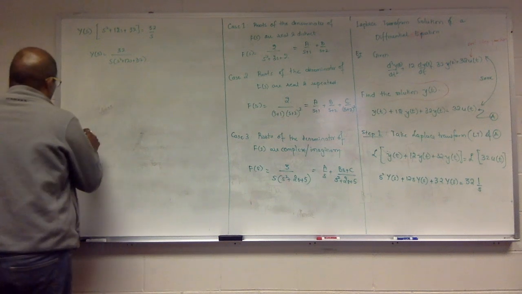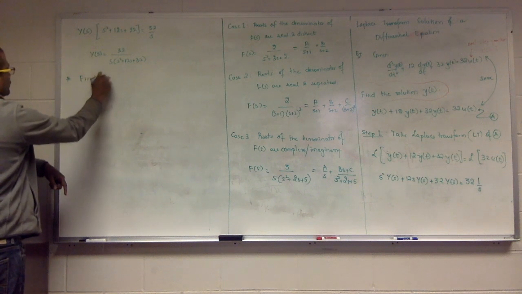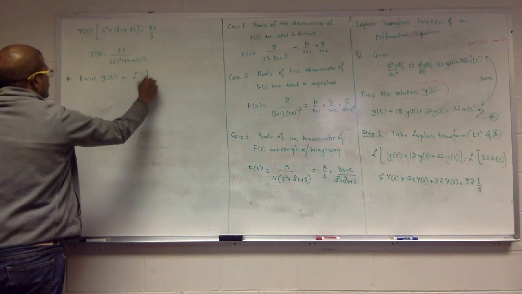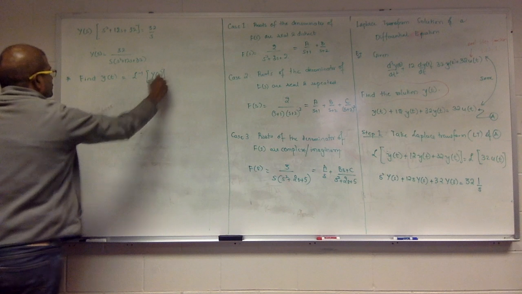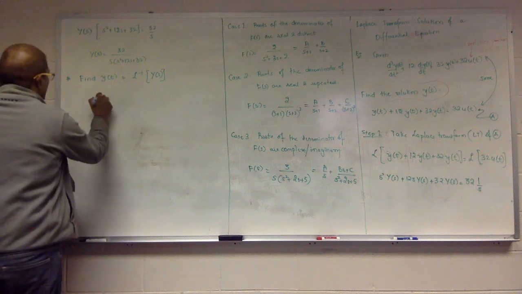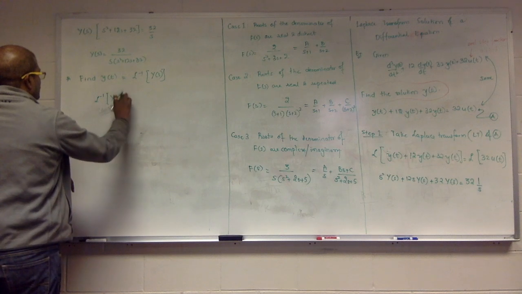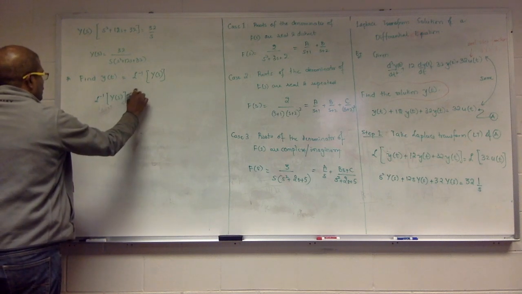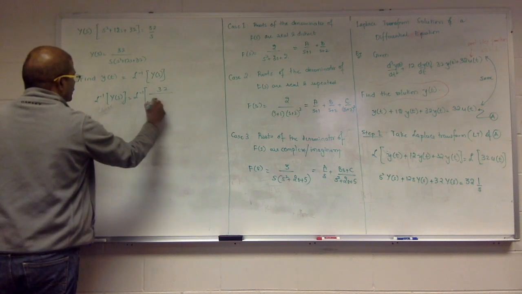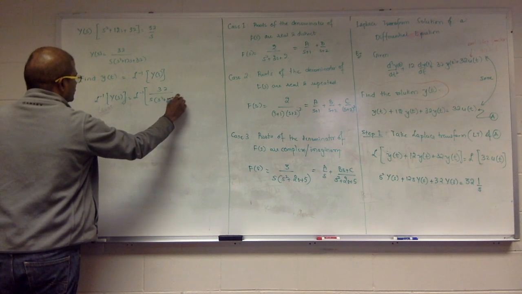Alright? So again, keep in mind, what we really need is to find y of t, which is equal to what? Laplace inverse of y of s. So what I need is the Laplace inverse, or inverse Laplace transform, of 32 divided by s into s square plus 12s plus 32.